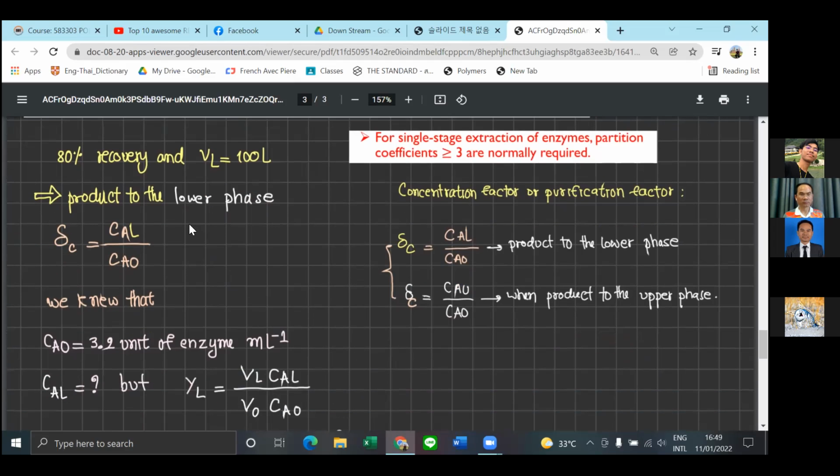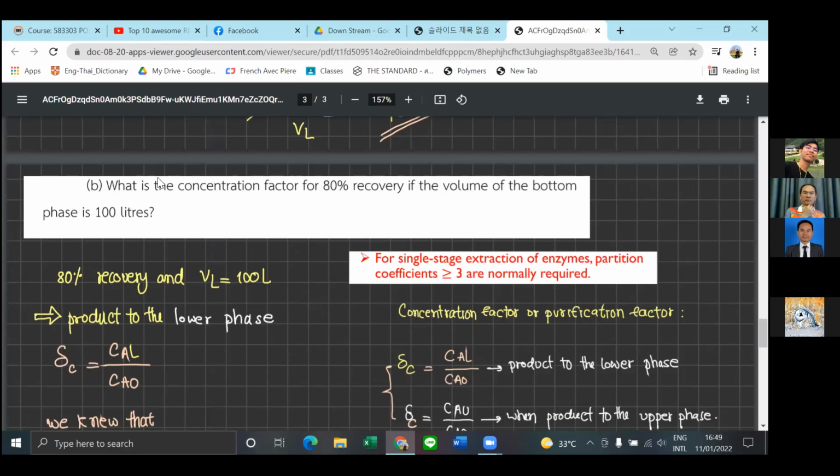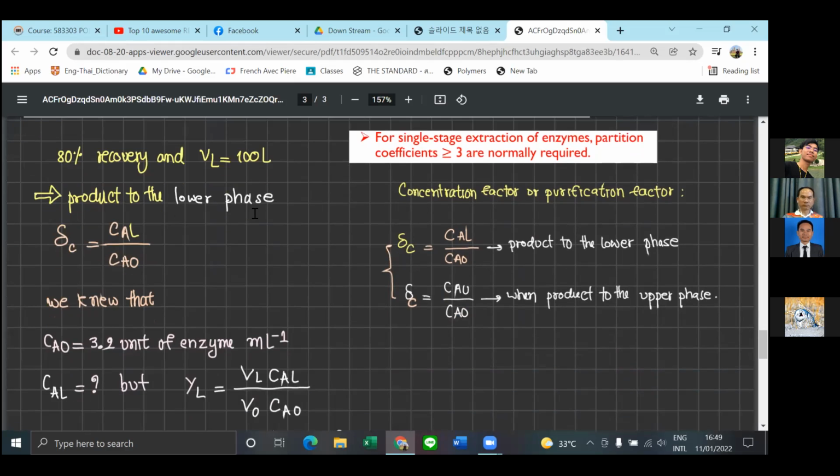I'm still not clear whether the product prefers the lower phase or the upper phase, but since the question provided the phase as 100 liters, I'm going to say that it prefers the lower phase.